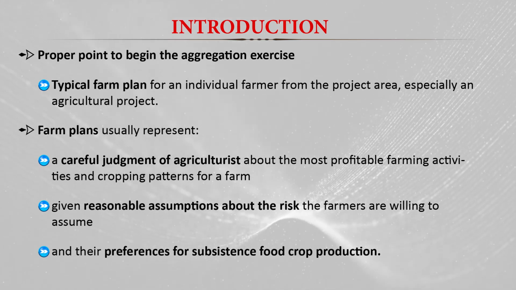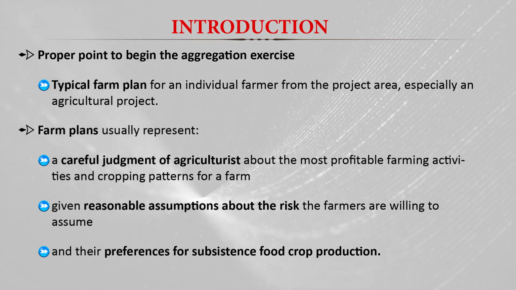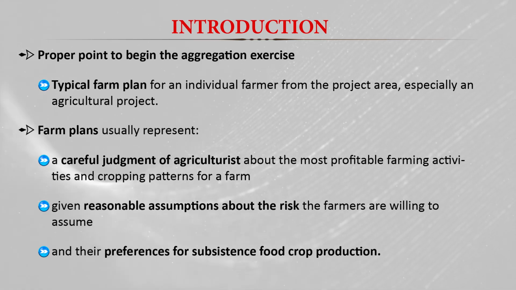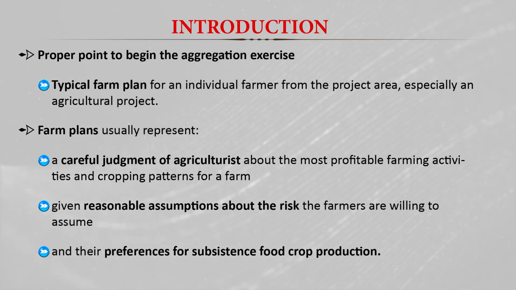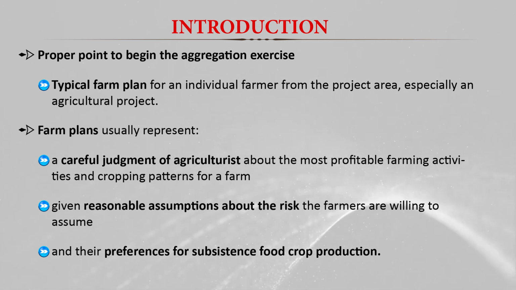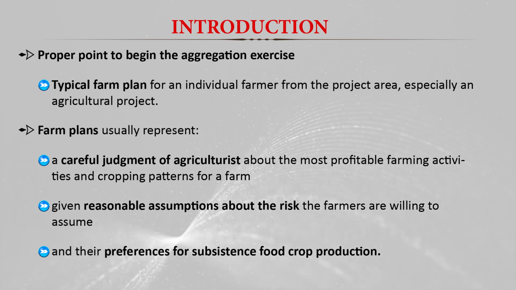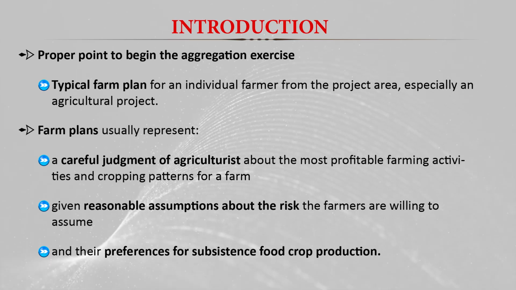The farm plans also represent the preferences for subsistence food crop production, the cropping pattern required for maintaining the farm activities or the farm family. So that is also represented in the farm plan.